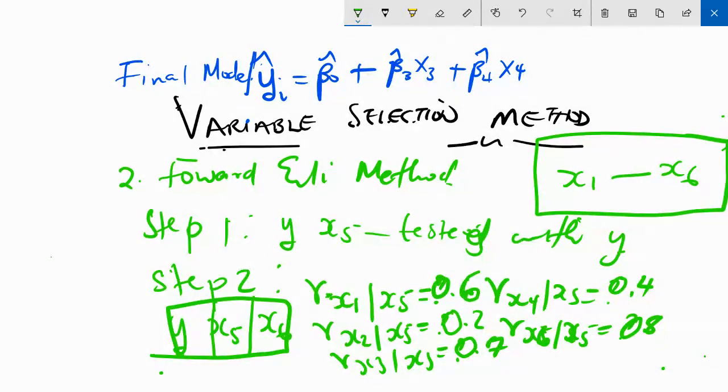Because once you enter a variable when dealing with the forward elimination method, it can become insignificant along the way, but you cannot remove it. Once you enter the variable in the model, you are stuck with that variable. Even if it becomes insignificant, the system won't help you to remove it. That is why it's not always the case that at the end you'll be remaining with significant variables.